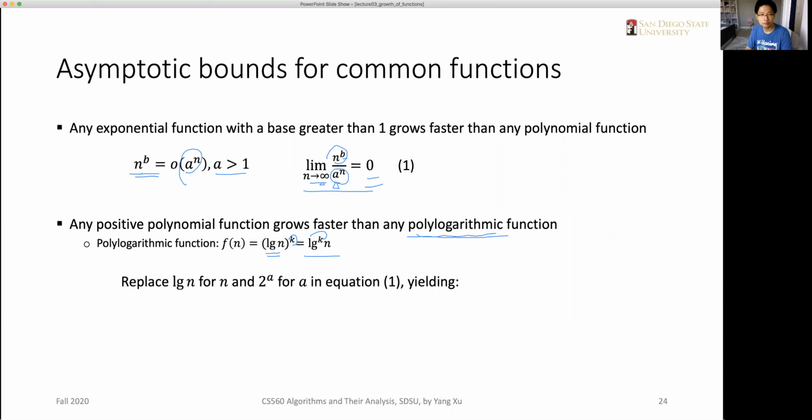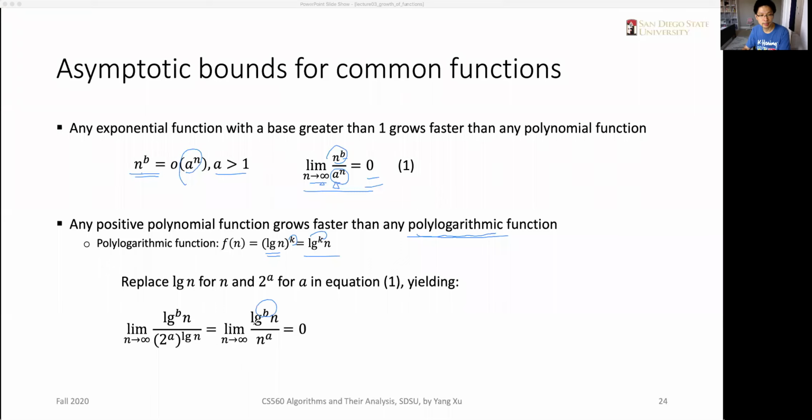So how do we reach this conclusion? We can simply replace the logarithm of n for n, and replace 2 to the power a for a in equation 1. That will give us the logarithm of n raised to the power of b, the polylogarithmic term.